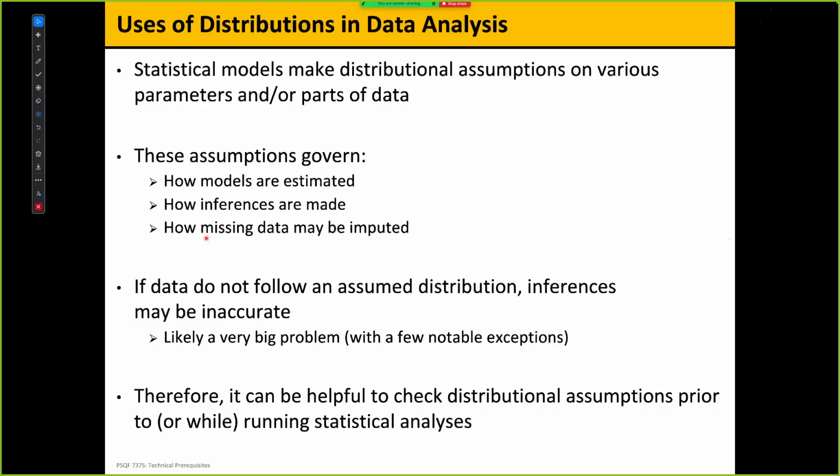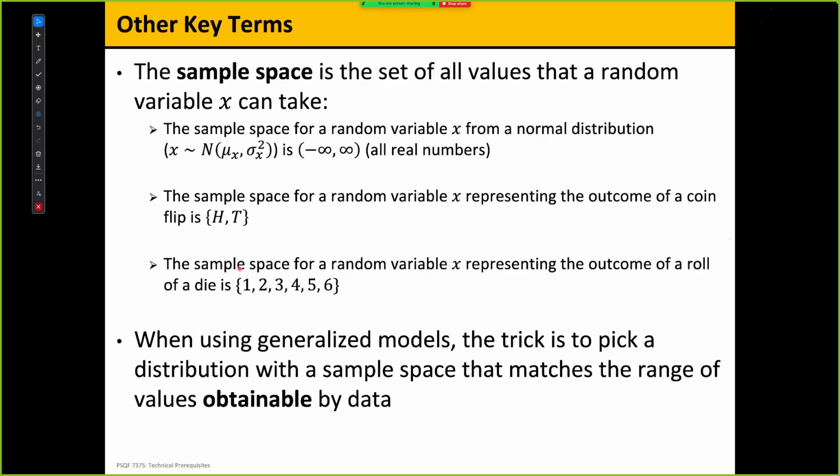Likewise, if you have to make an assumption about distributions, it's just that, an assumption. And if data don't follow your assumed distribution, inferences may end up being inaccurate. So let's imagine that this random variable x is the Likert score of an item asking you how happy you are that the ice storm is going to hit today, where one represents absolutely unhappy and six is absolutely happy, and some scale in between.